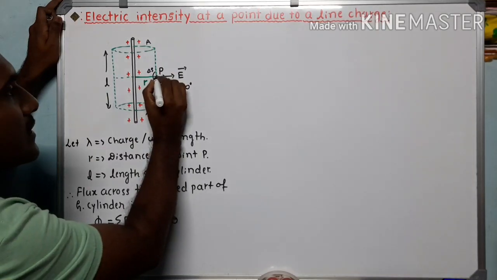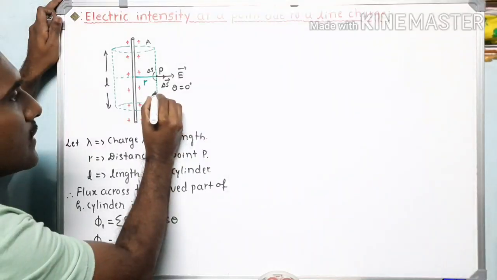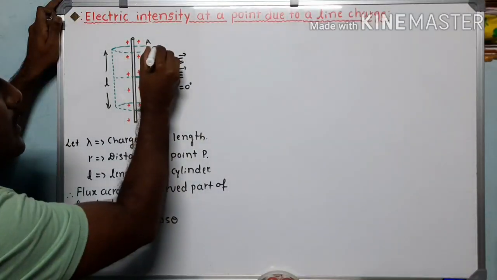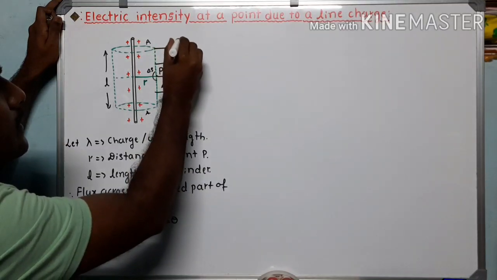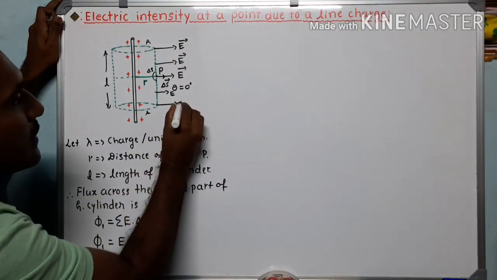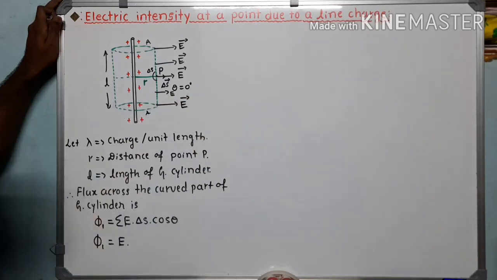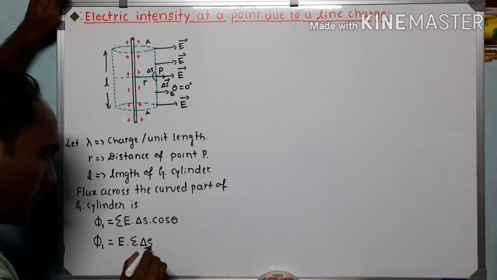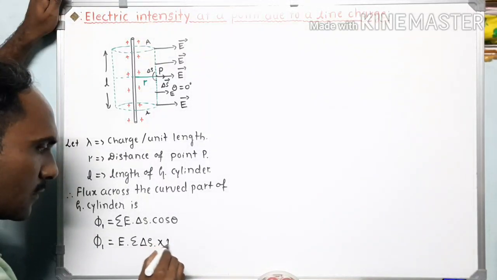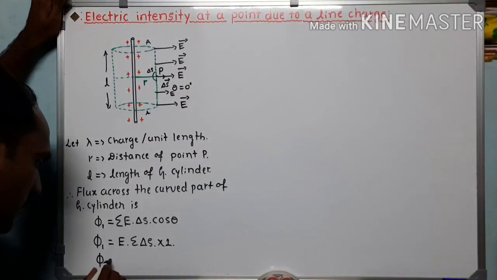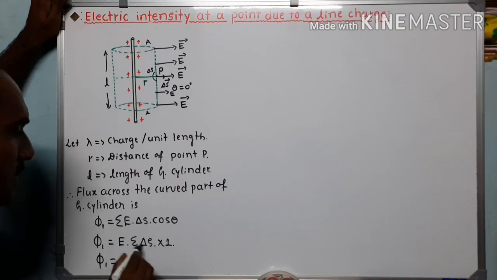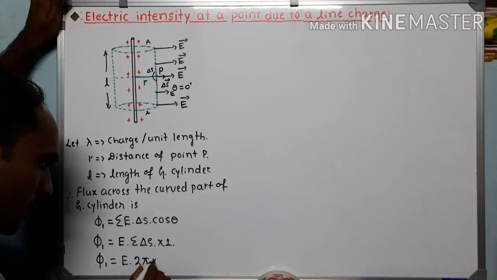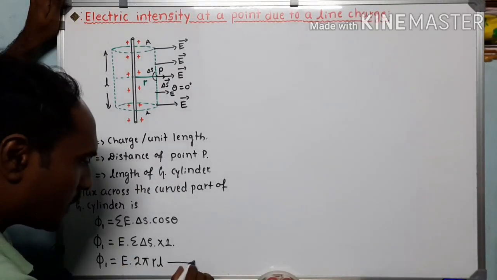See, how much is the electric intensity here? It is the same here. Okay, here it is E, here also it is E, isn't it? Then here also the electric intensity is E, here also it is E, isn't it? The intensity is the same everywhere, isn't it? Then it is taken outside. Then summation of delta S cos 0 is 1. Getting the idea? Therefore phi 1 is equal to E into summation of delta S, the area of the cylinder, area of cylinder 2 pi r L. Call it equation 1.